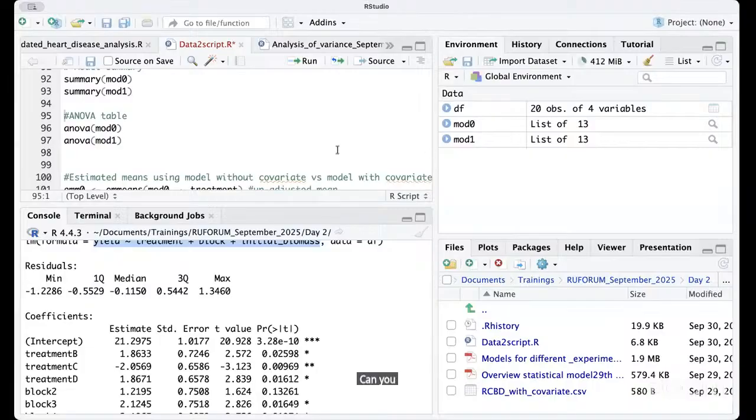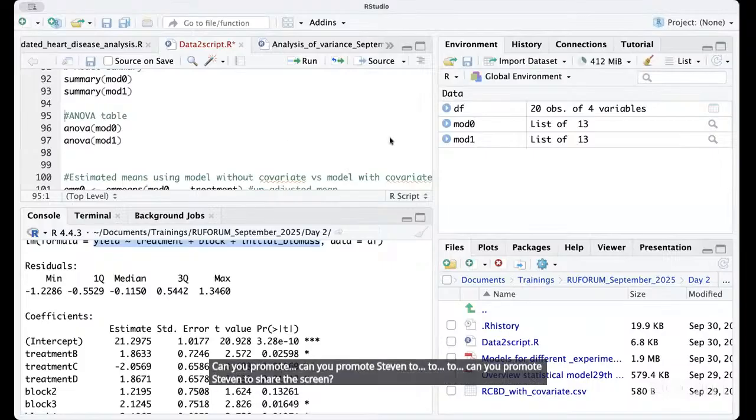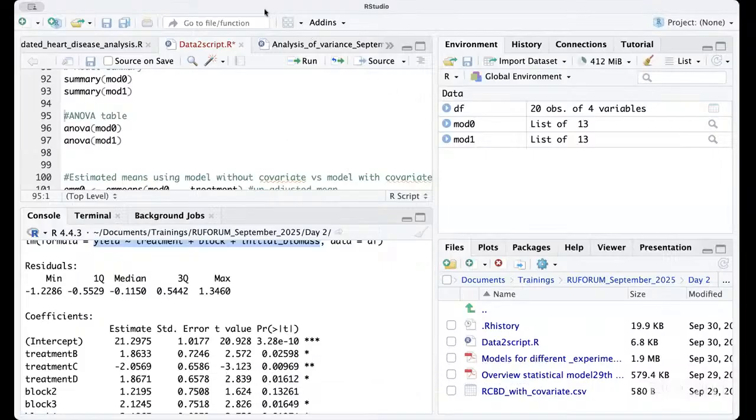Can you promote Stephen to share the screen? Okay. Yeah. Stephen, please keep your hand up. Okay, you can now move in.